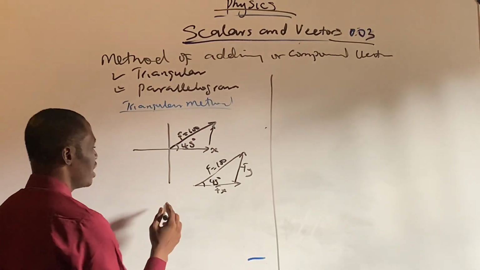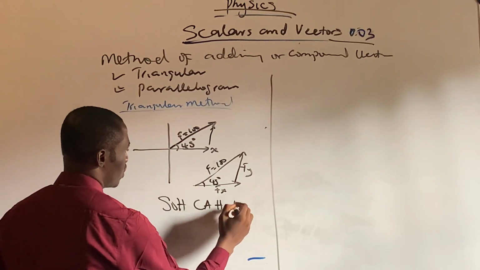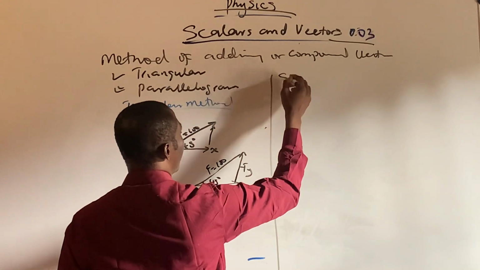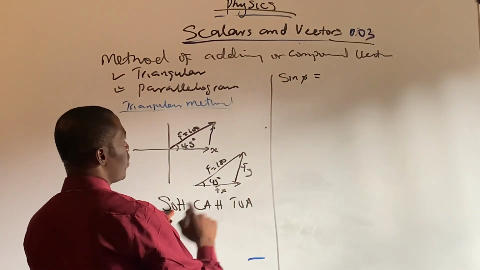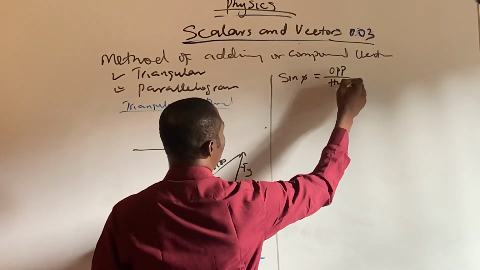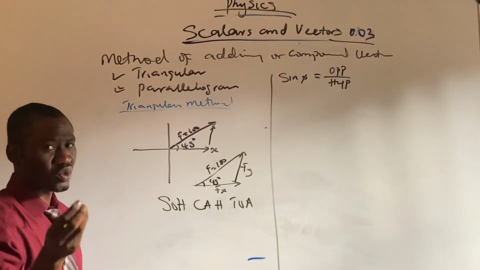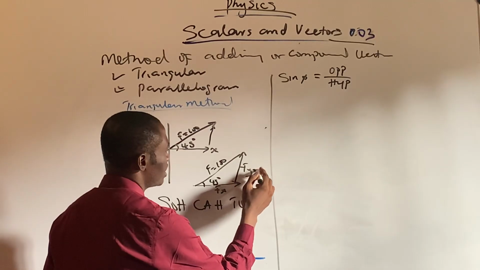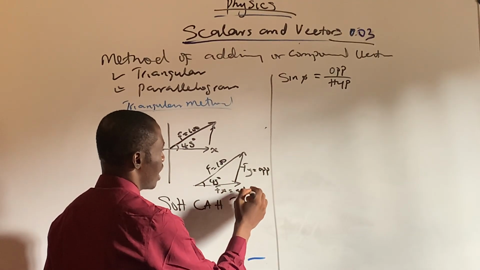You apply SOHCAHTOA. All right, let's start with the sine. Sine theta is equal to opposite over the hypotenuse. If you are conversant with your trigonometry, you'll know that this is the opposite and this is the adjacent.